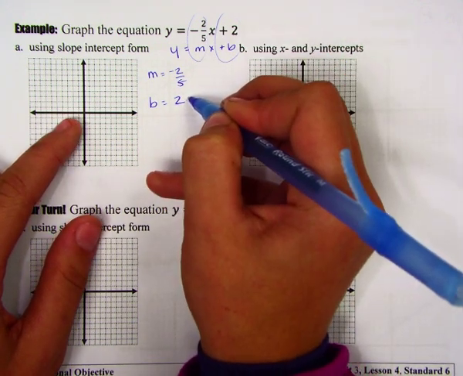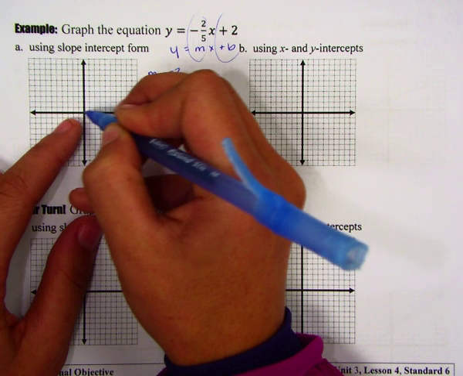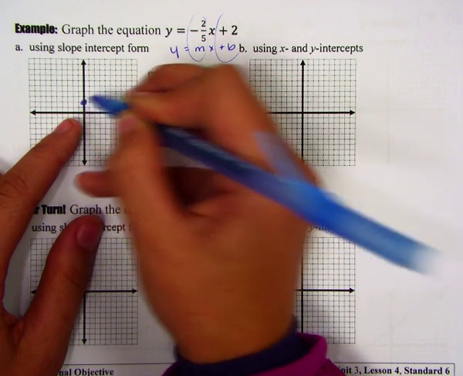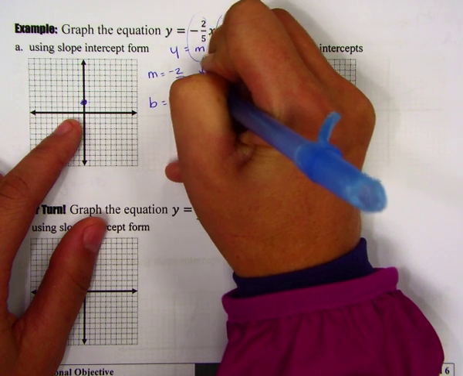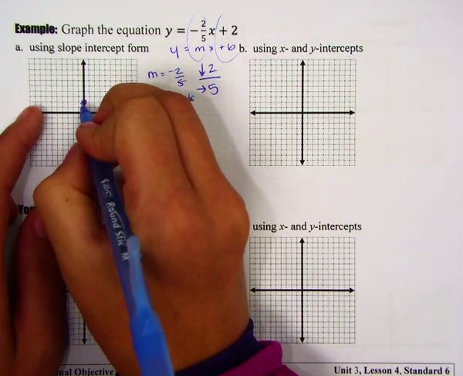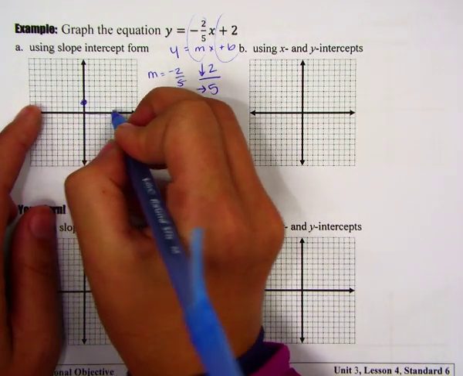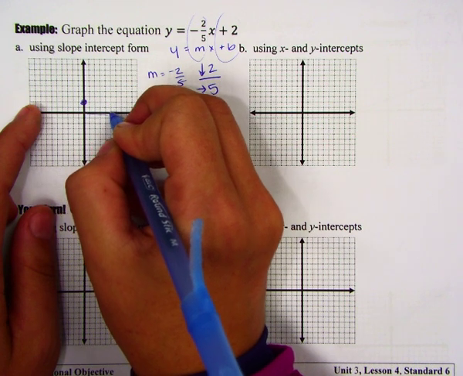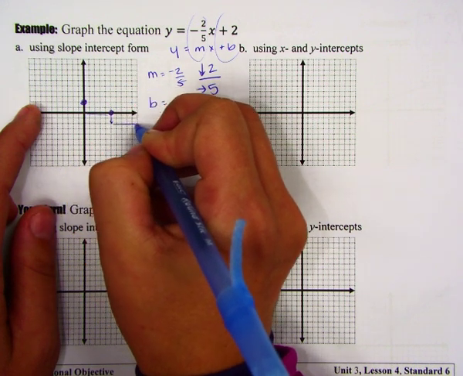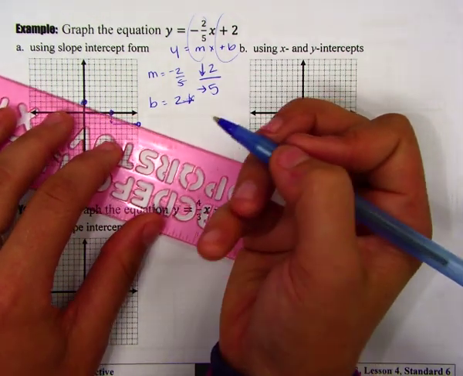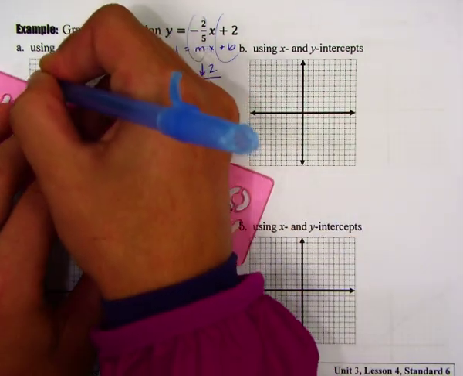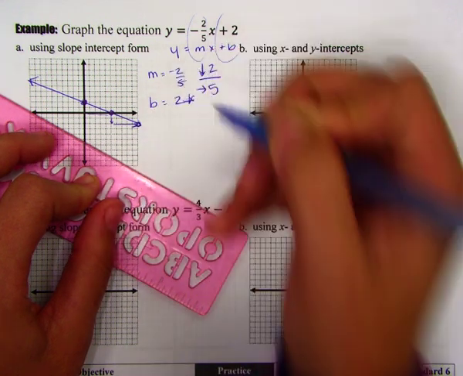Now I graph my y-intercept, which is at 0, 2. Then I count my slope. Down 2, right 5. Down 2, right 5. Down 2, right 5. Now go ahead and draw my line to represent all solutions, because I only have 3 drawn here.